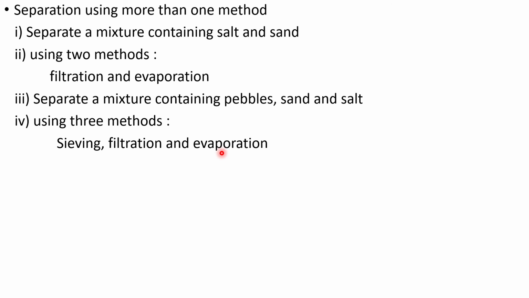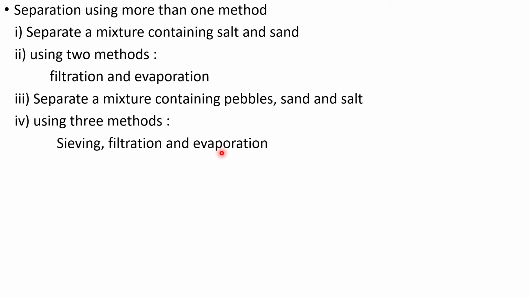Okay, so this was all about how separation can be done using different methods, in the case of solids from other solids, insoluble solids from liquids, and if we talk about immiscible liquids, how they can be separated.